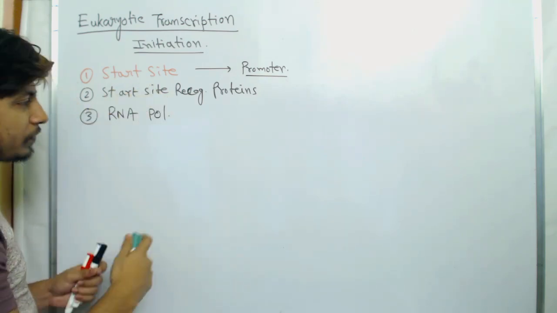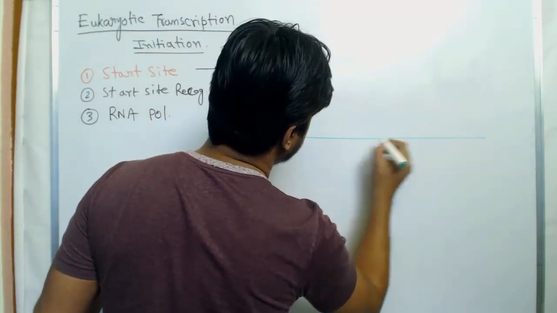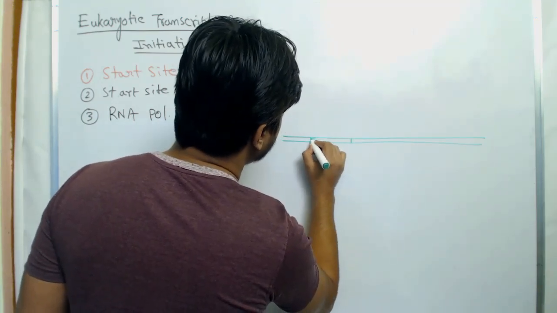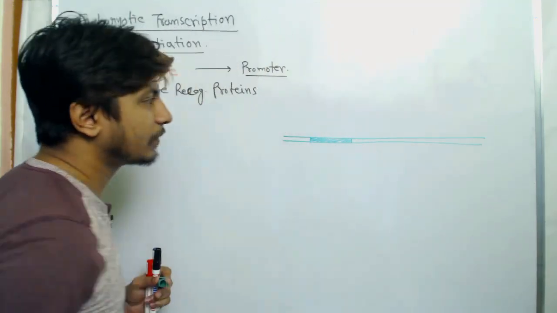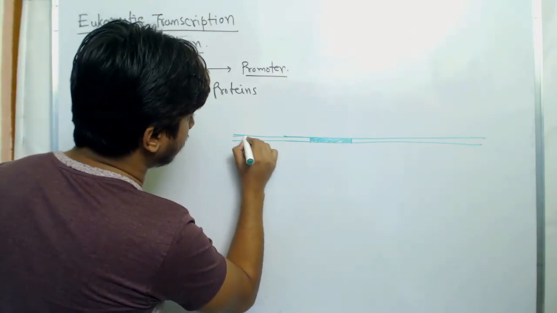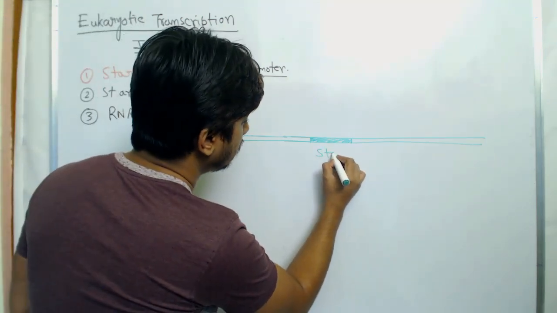So let me draw the DNA. Let me draw the sequence here. Let's say this is the DNA sequence, and let's say this is the region we call promoter or start site. But the problem is, let me extend it as well so that we can draw all these things together. So this is the promoter, this is the start site.